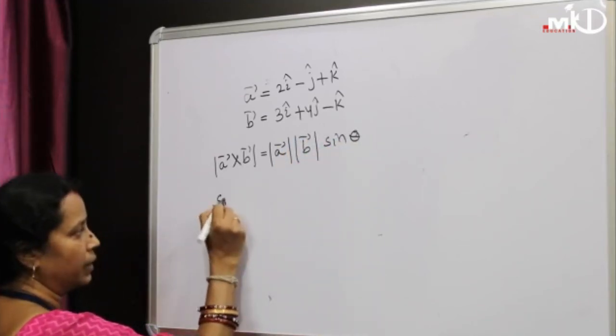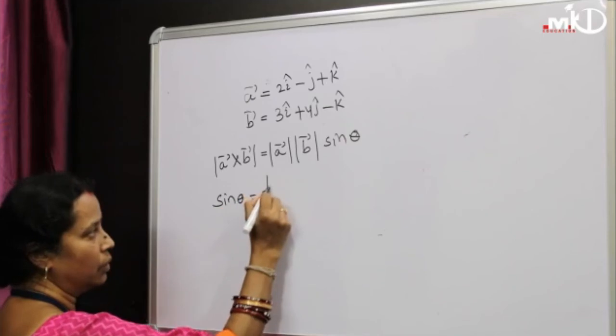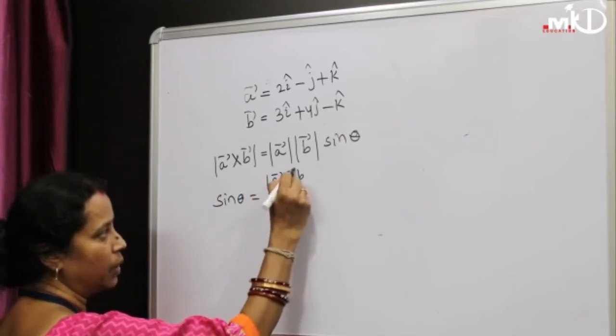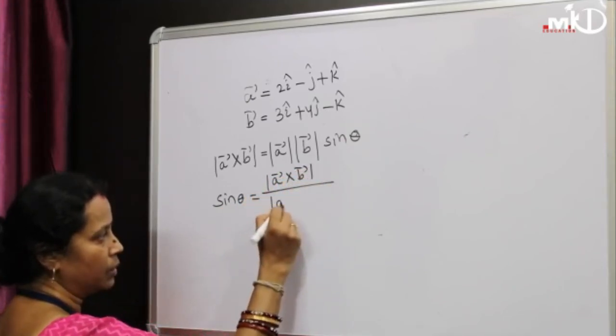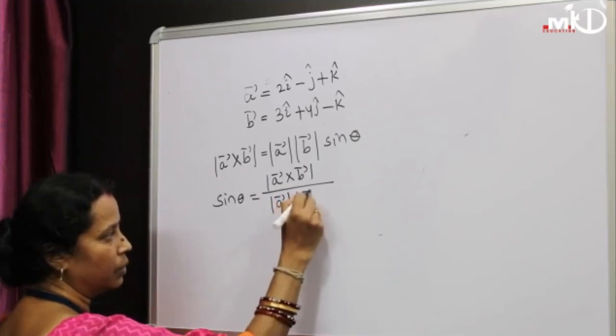So what is our sine theta? Sine theta is equal to the modulus of a bar cross b bar divided by modulus of a bar into modulus of b bar.